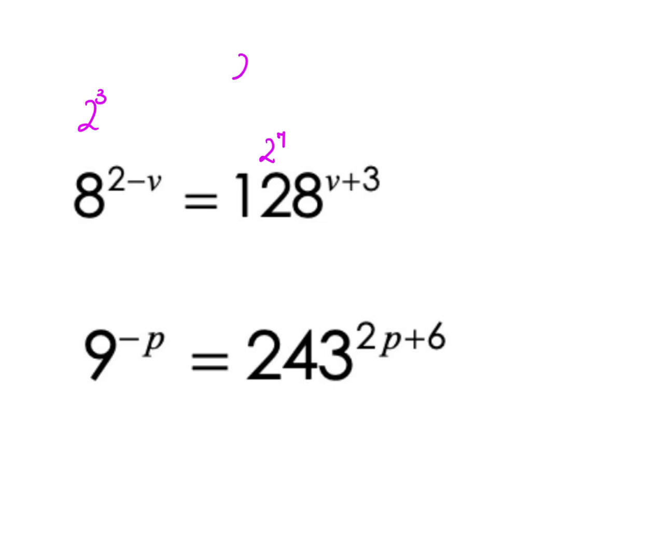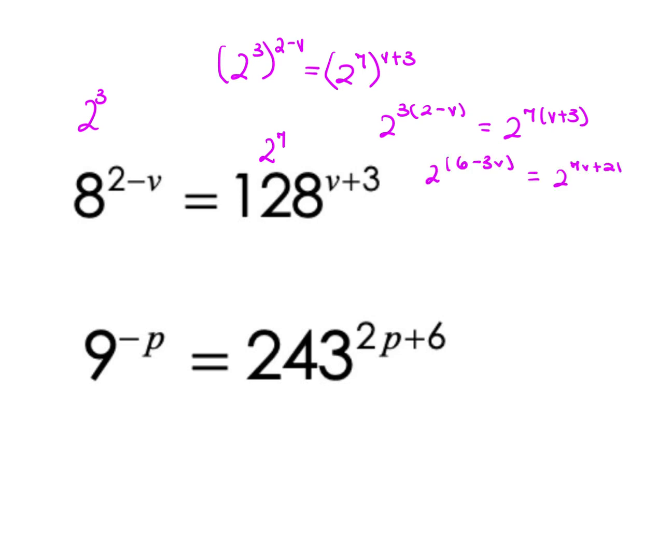So we're going to rewrite this as 2 to the 3rd power to the 2 minus v, and that's going to equal 2 to the 7th power to the v plus 3, which will be 2 to the 3 times 2 minus v equals 2 to the 7th times v plus 3. So we get 2 to the 6 minus 3v equals 2 to the 7v plus 21.